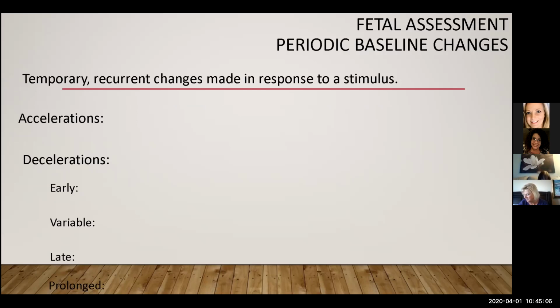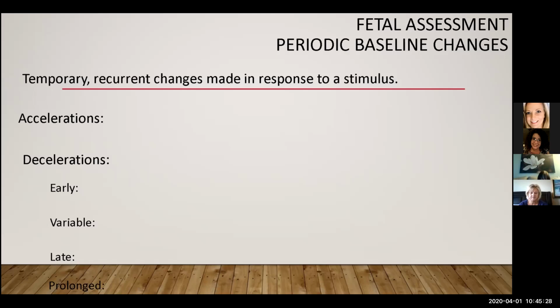They're associated with parasympathetic nervous system stimulation. They're visually apparent with elevations of the fetal heart rate of more than 15 beats per minute above the baseline, lasting longer than 15 seconds, but less than 2 minutes. It's considered reassuring. It doesn't require any intervention.